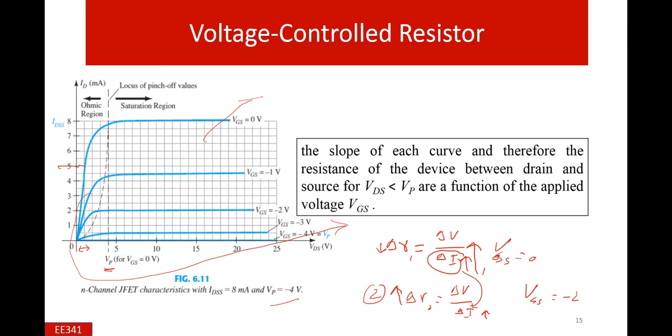How to control the resistance of the JFET? This is the N-channel JFET, and the resistance is controlled by the voltage applied between the gate and the source.